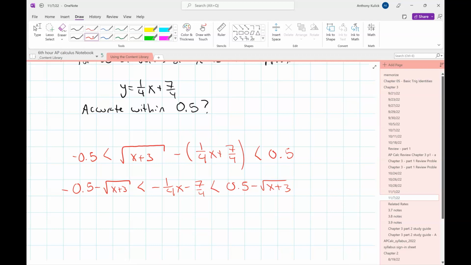Everybody's okay with that? Now I'm going to get rid of the negatives here by dividing everything by -1. What do I have to remember when I do that? Yeah, those inequality symbols need to flip direction.